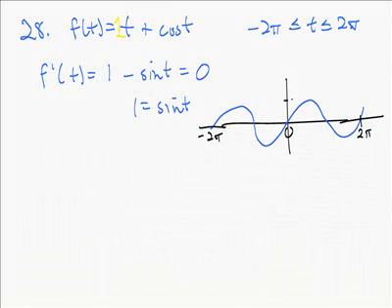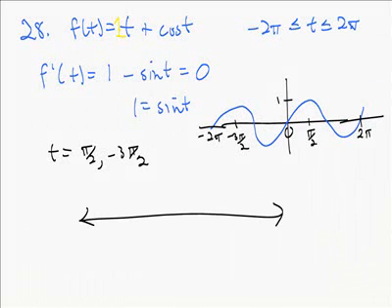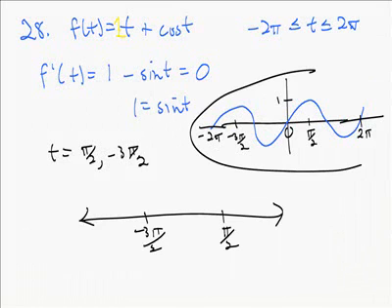Well, it looks like at two spots here, pi over 2, and back here at negative 3 pi over 2. So we're going to have 2 points, pi over 2 and negative 3 pi over 2. And that's what you're going to want to check then. So you're going to check negative 3 pi over 2 and pi over 2 to find where your function is increasing and decreasing. Remember, this is not your function. This is just the sine function that we used to solve when our derivative is equal to 0.